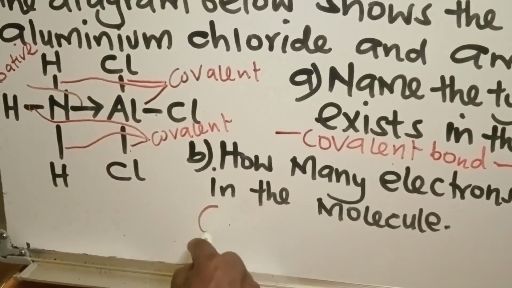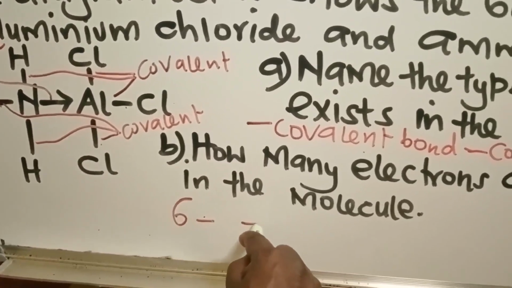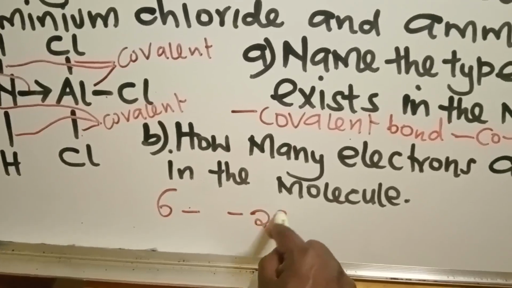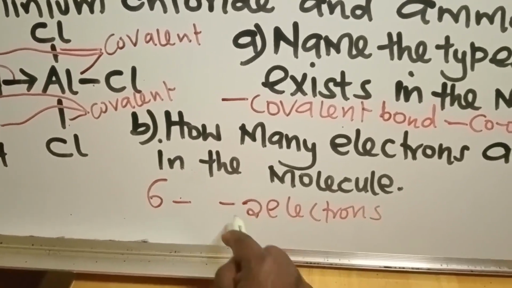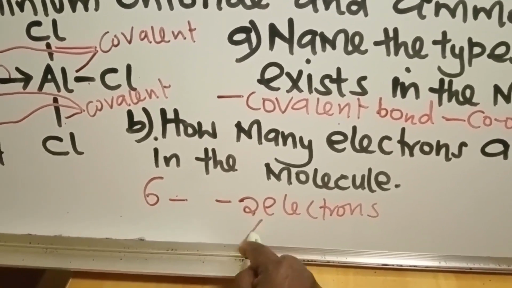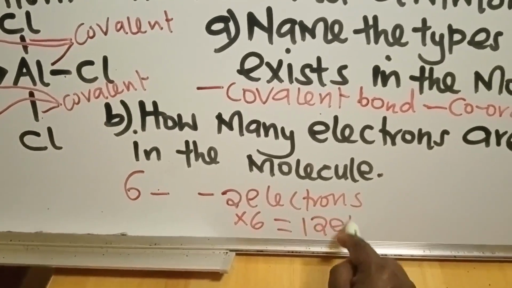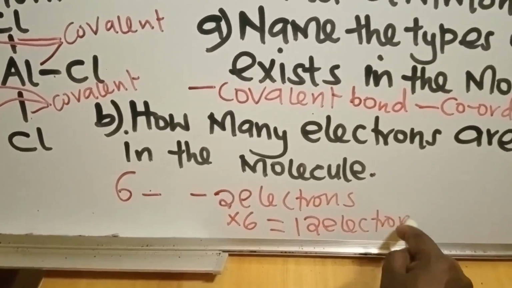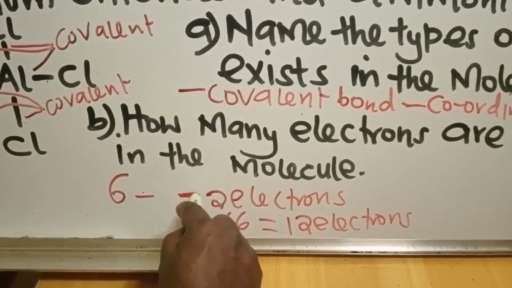We have 6 single lines, and each and every line represents 2 electrons. And we have 6 of them, so times 6, we have 12 electrons from the single lines, which are the covalent bonds.